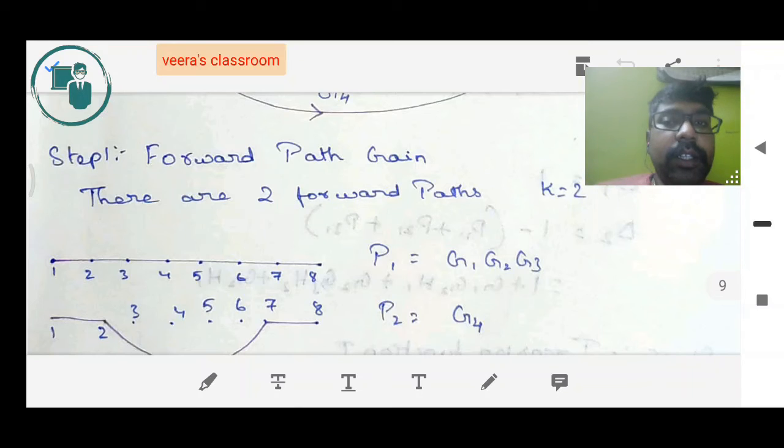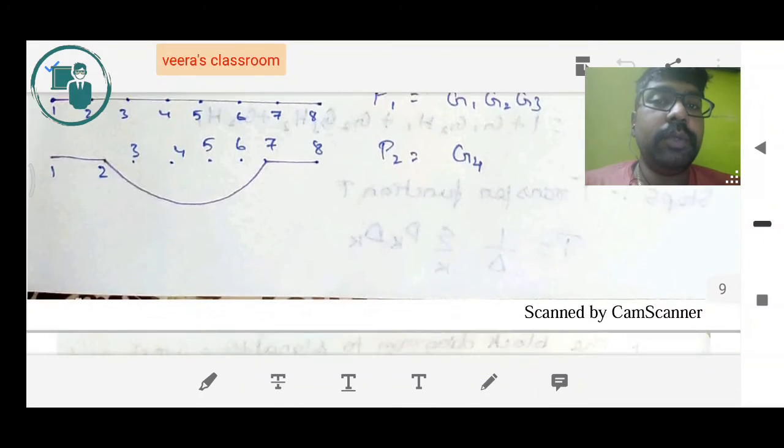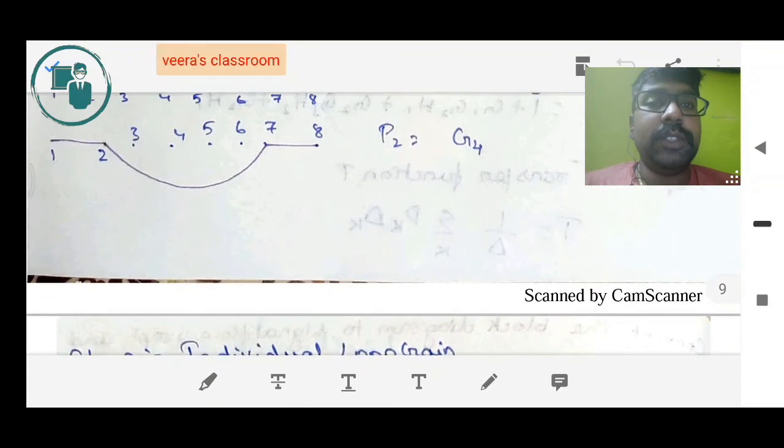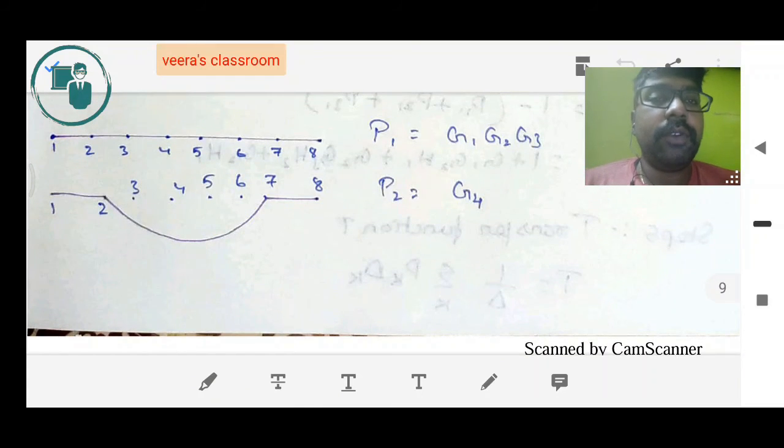When you see the second forward path P2, it skips 3, 4, 5, 6. It doesn't have any node between 2 and 7, it goes from 2 to 7 directly. We check with the individual loop gains. All the individual loops involve 3, 4, 5, then 4, 5, 6, then 4, 5. So all 3 individual loops don't touch the second forward path.